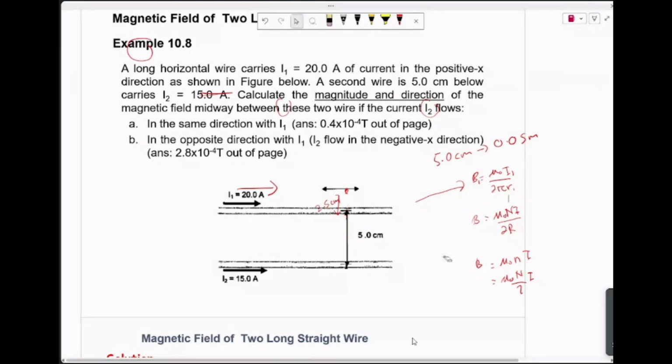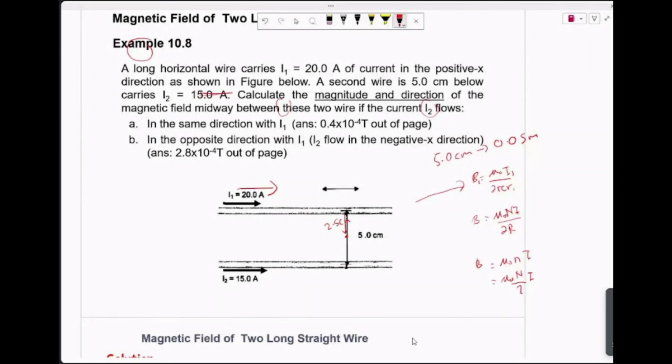You are looking at the midway here. So this is going to be 2.5 centimeters, that will be the r. If this hasn't been converted, make sure you convert it. And then the I here.